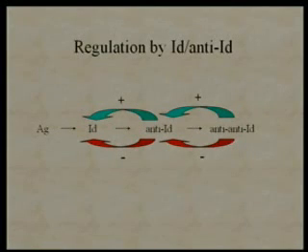Yes, the anti-idiotype is something against the hypervariable region of this antibody molecule. And this one is an antibody against the variable region combining site of this antibody.